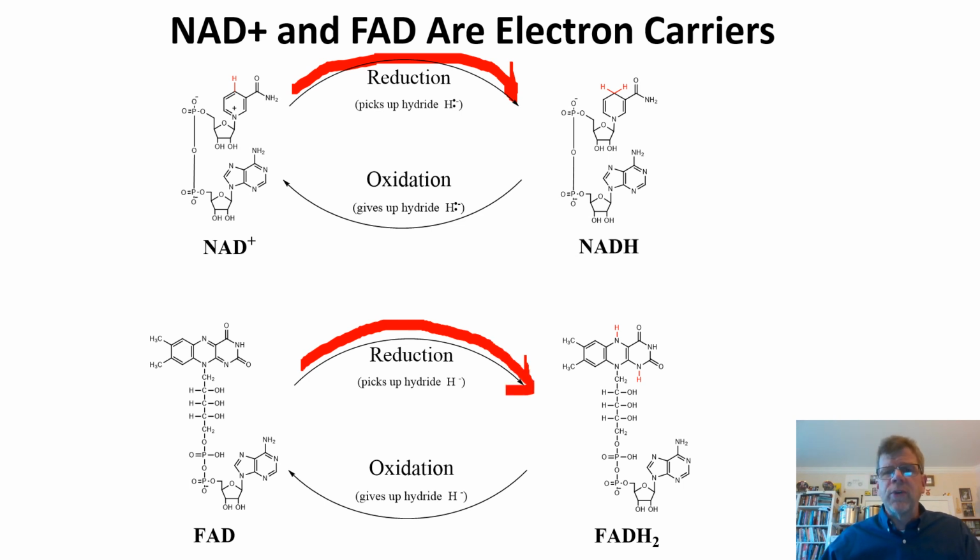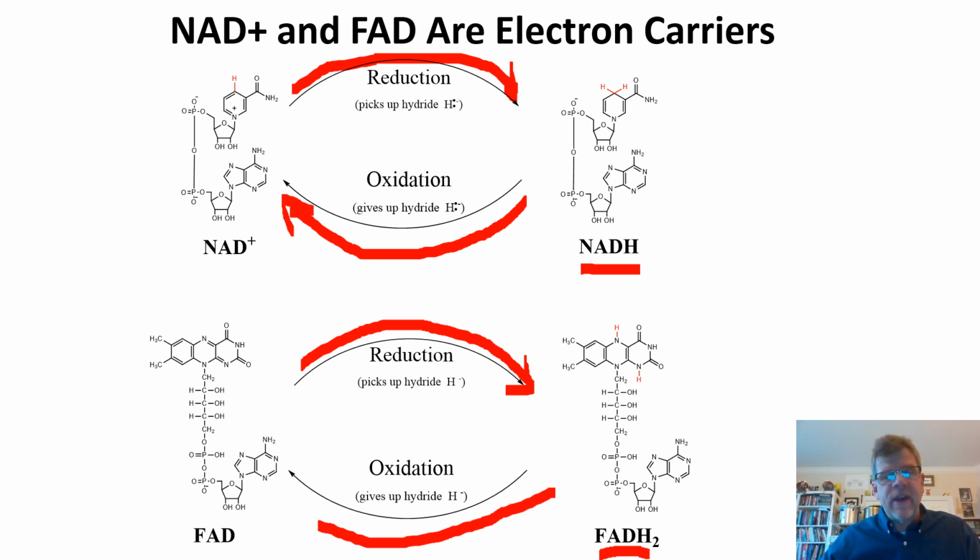These two reduced molecules then go to the site of ATP production, drop off those hydrides to form ATP, and are cycled back to NAD and FAD, and the process can start over again.